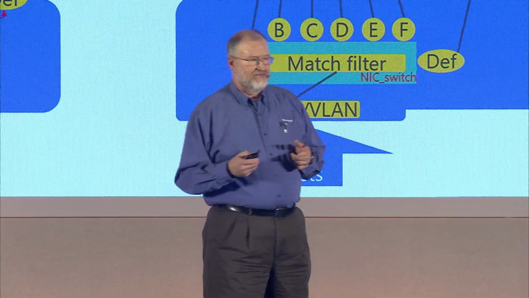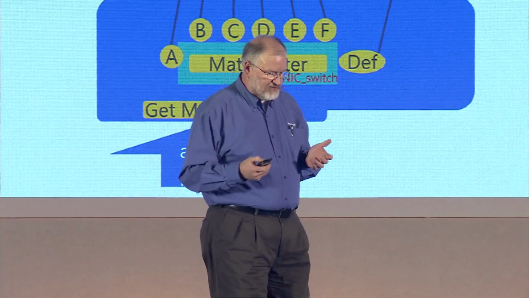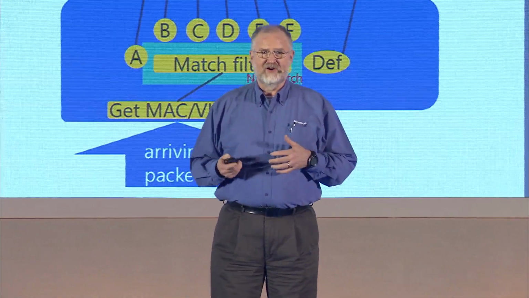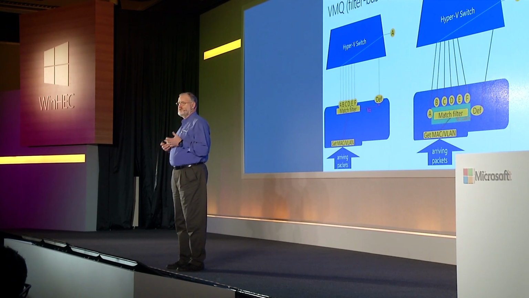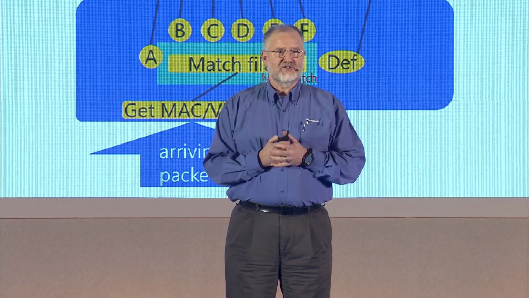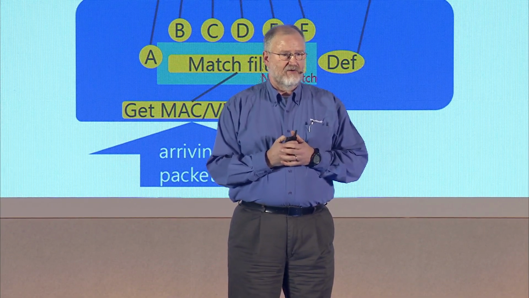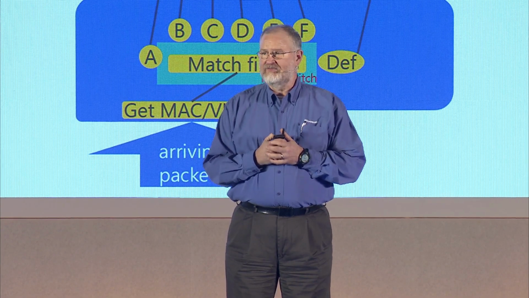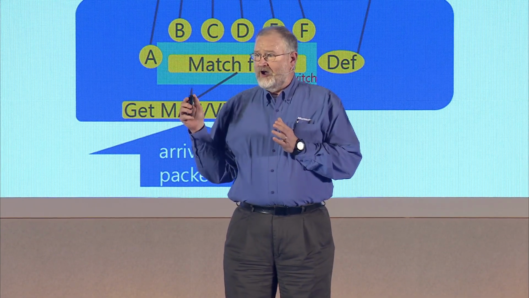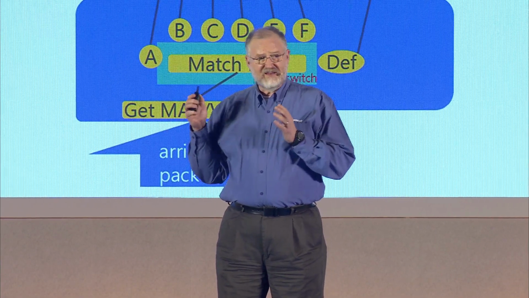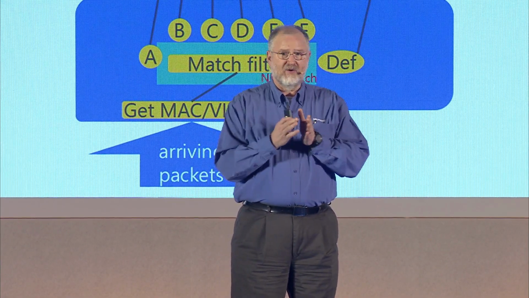This really came to a head for me when I was debugging a problem with a customer in Europe who was running on a host that had a NIC with 32 queues, and they had 200 VMs. Well, the first 31 VMs each got their own queue. But VM number 32 through 200, almost 170 VMs, were sharing one queue.